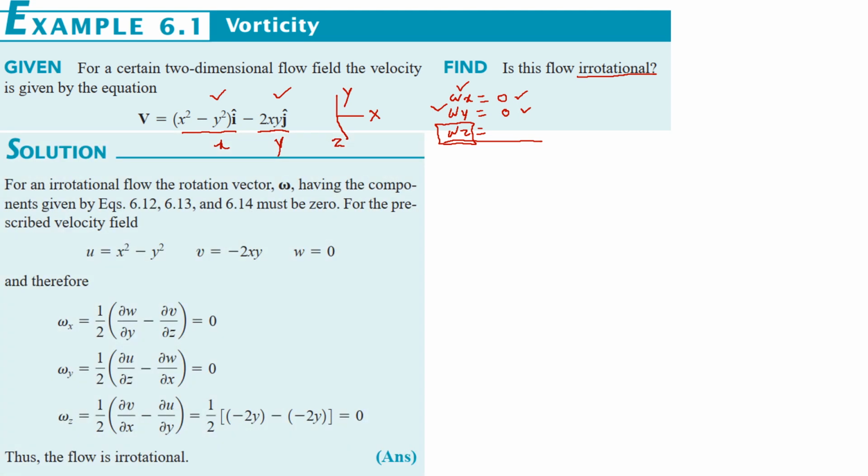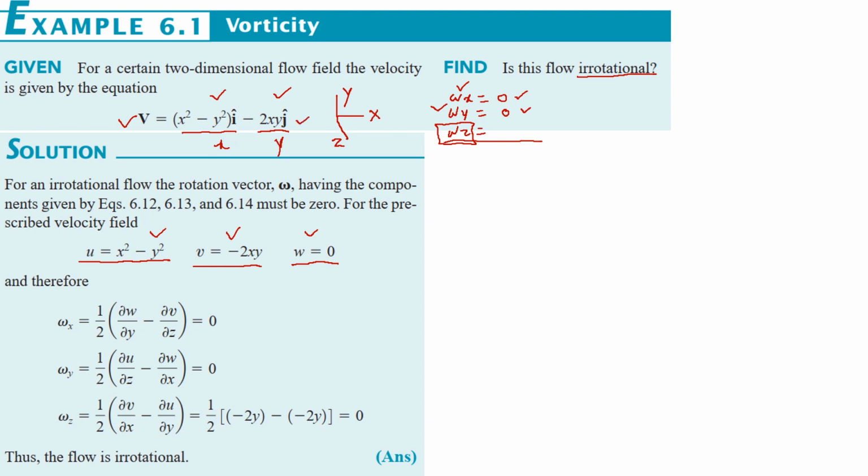So let's look at our equation. This is the u velocity component and this is the v velocity component. As you can see, we have already underlined it, and the z velocity component in this case is 0 for this velocity field. There is no term in the equation representing the z velocity.